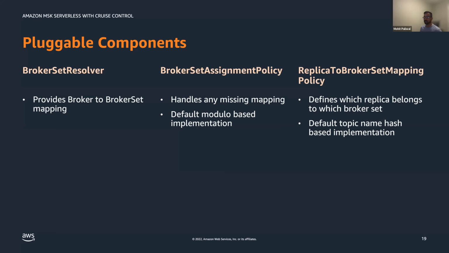And that's it. You can, of course, write your own implementation here as it's pluggable. And then there is the replica to broker set mapping policy that I talked about, which works with topic name hashing.